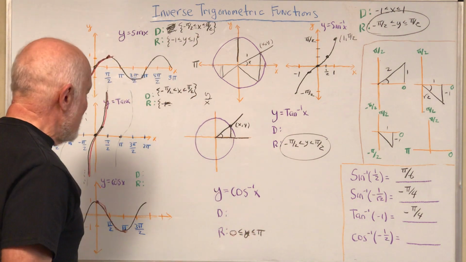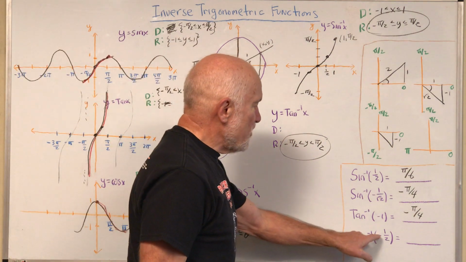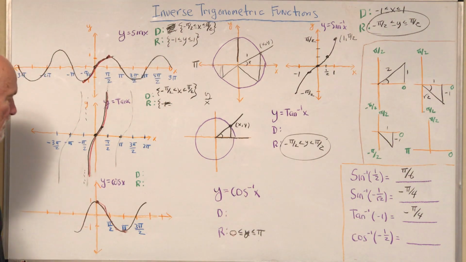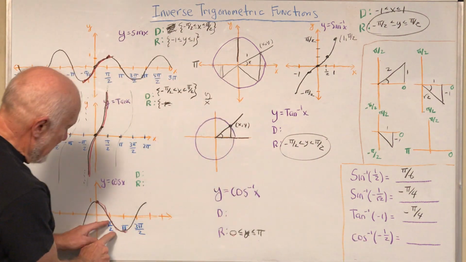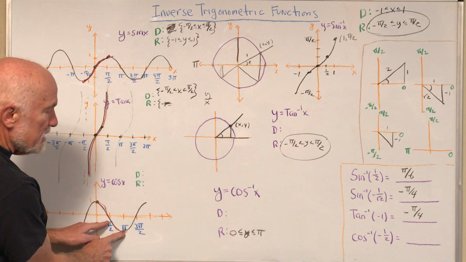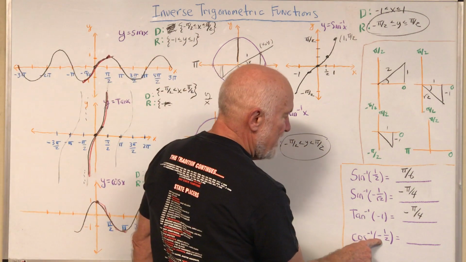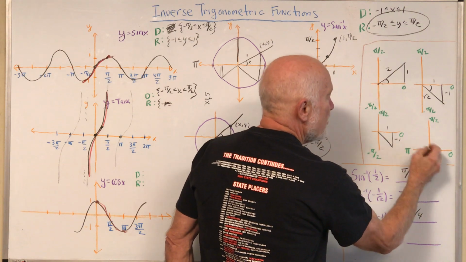So that means if I'm looking for an inverse cosine of a positive number, I'm going to go from 0 to pi over 2 to look for my answer. But if I'm looking for a negative number, I'm going to go from pi over 2 to pi. So if I'm looking for the inverse cosine of negative 1/2, I'm not going to go to the fourth quadrant, I'm going to go to the second quadrant.